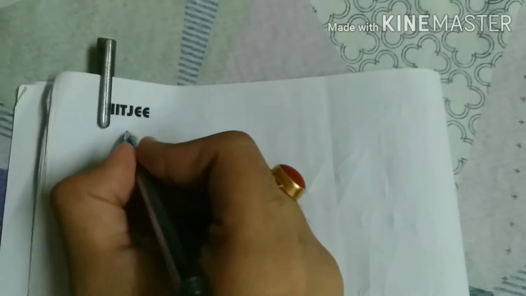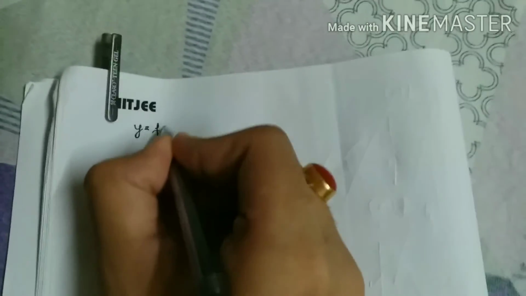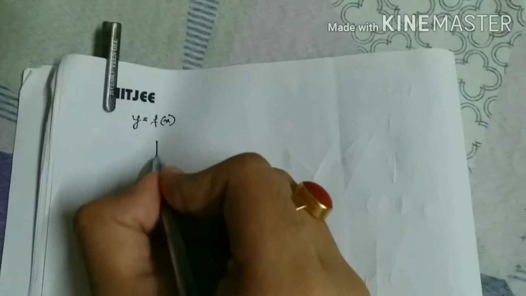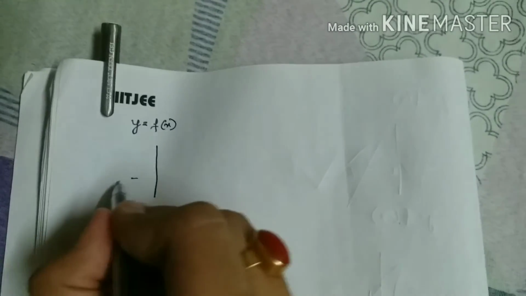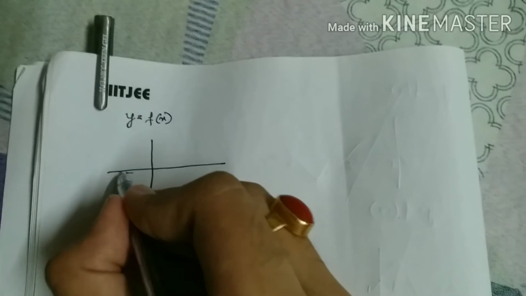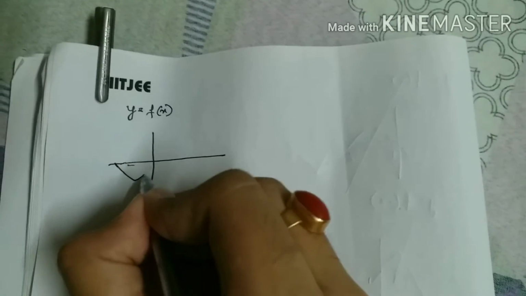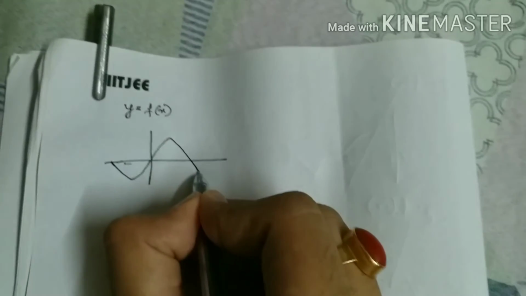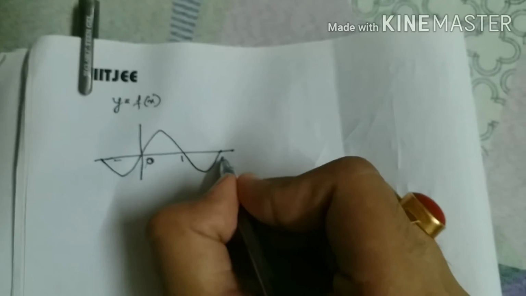So let us take a graph. y is equal to f(x). Maybe the graph is like this. We'll take it 0, 1, 2, minus 1.